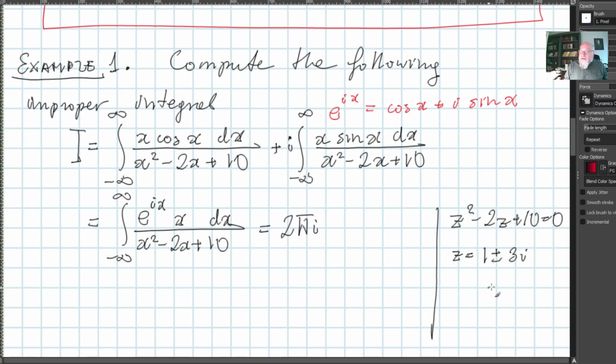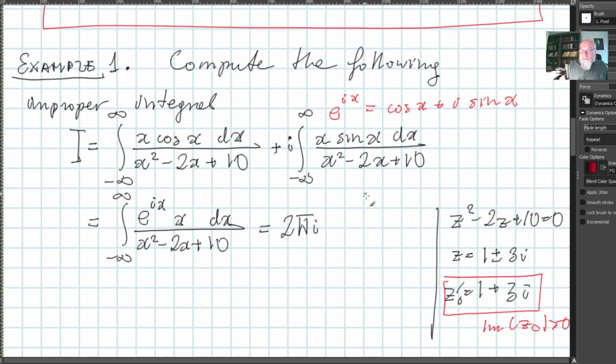Clearly only one of them has a positive imaginary part, so this is your critical, singular point, which is actually playing a role in this integral. So this z0 has imaginary part larger than 0.